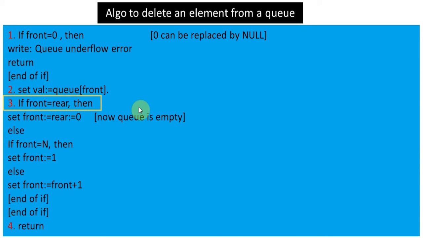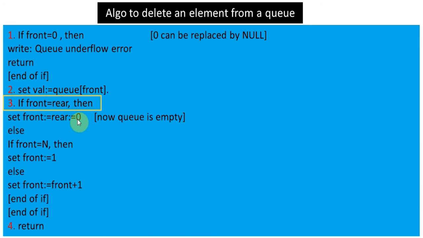In step number 3, I'm making the check if the value of front is equal to rear. Always remember, I have told you this earlier also, when the value of front and the value of rear are equal, that is a clear-cut indication that our queue is having only and only one element. So if this condition is true, that means there was only one element in the queue, and that has been extracted, that has been deleted.